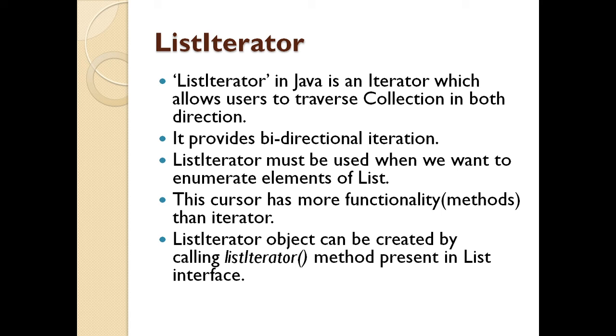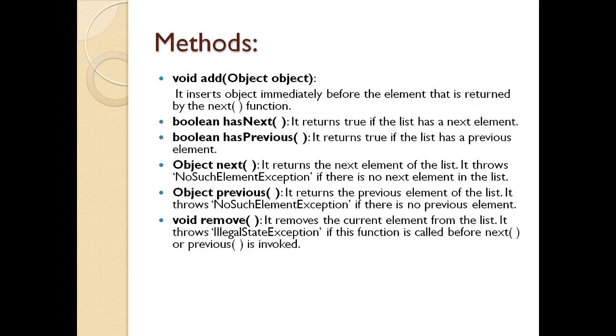Now what are the methods of ListIterator? Void add: it inserts the object immediately before the element that is returned by the next function. So if you are pointing at a particular element and you say add, the new element will be inserted at the current position. Boolean hasNext, as we have seen, returns true if the list has a next element.